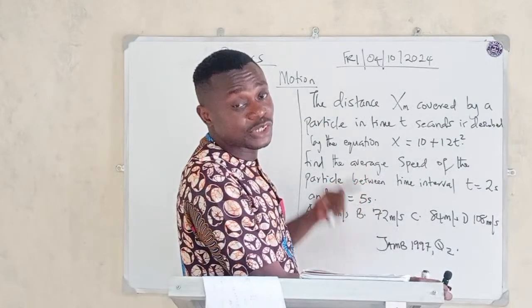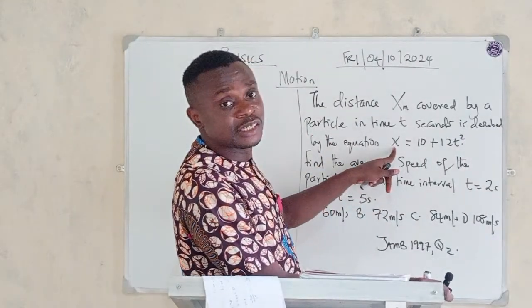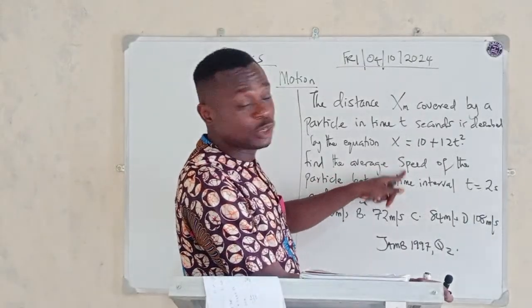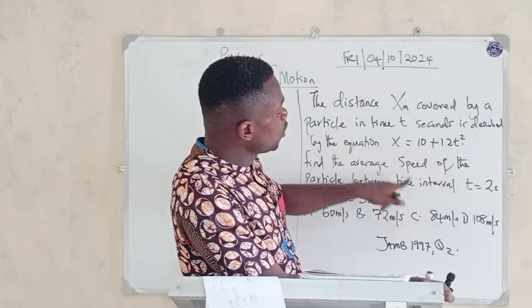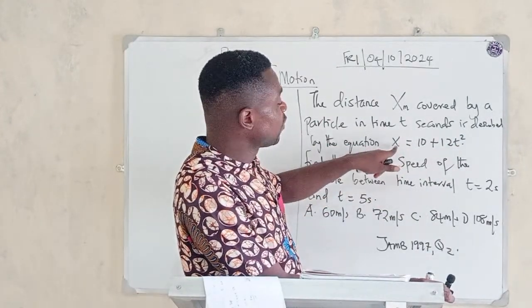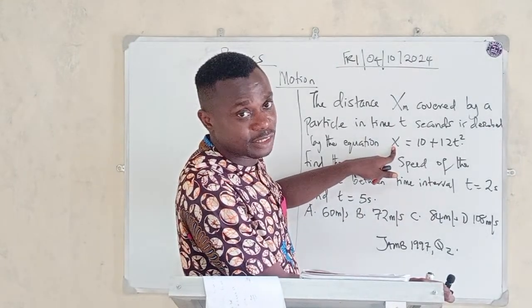So if you differentiate distance with respect to t, you will get speed. If you differentiate displacement with respect to time t, you get velocity.